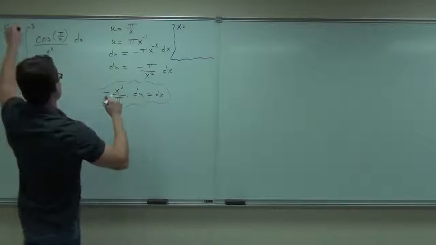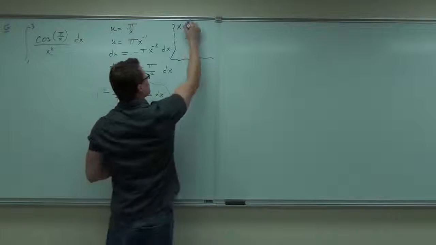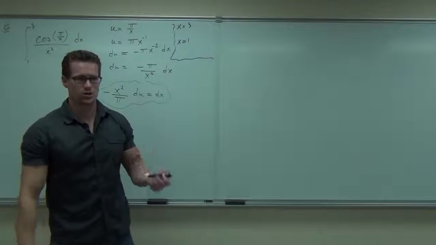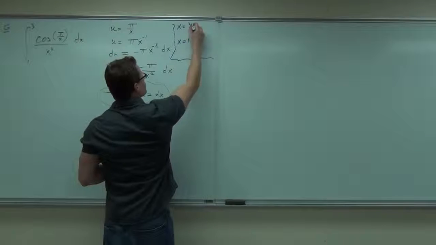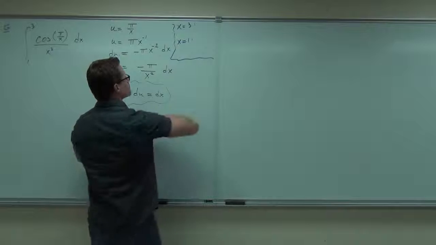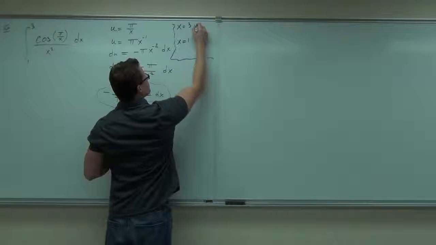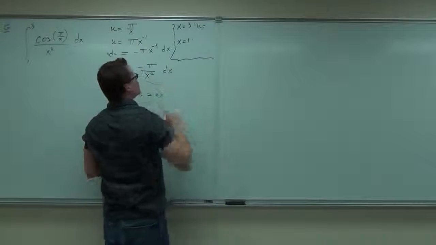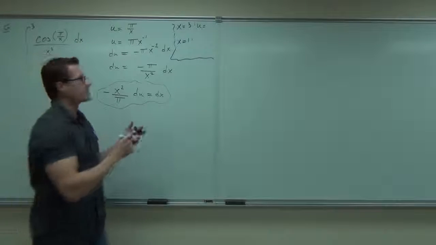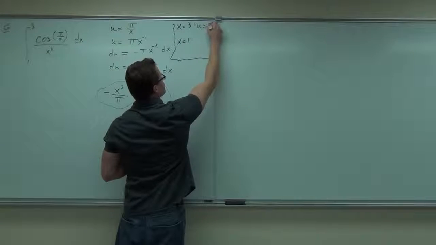When x equals 3, we want to find out what u is. When x equals 1, I want to find out what u is. When x equals 3, u is supposed to equal pi over that x, so that would be pi over 3.